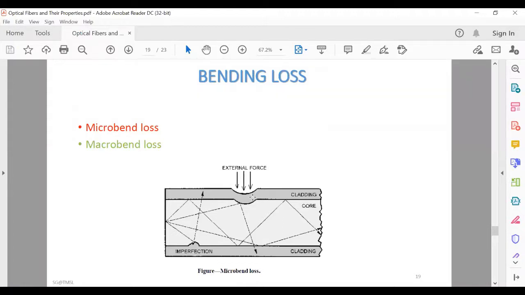And in the case of macrobend loss, what happens? These are observed when a fiber bend's radius of curvature is large compared to the fiber diameter. These bends become a great source of loss when the radius of curvature is less than several centimeters.